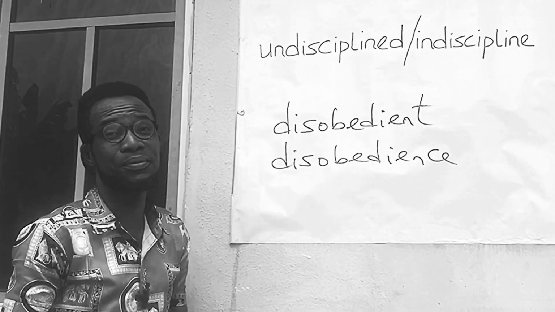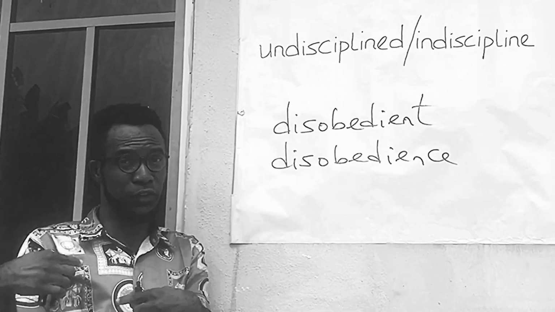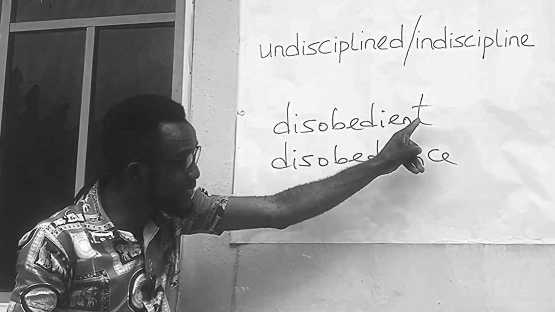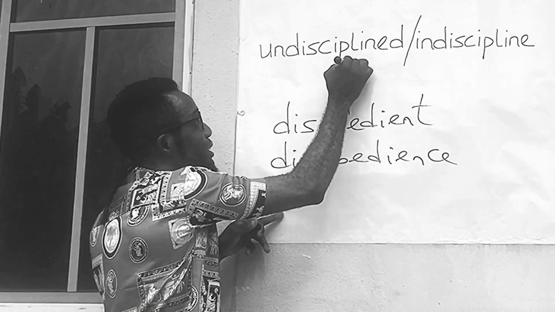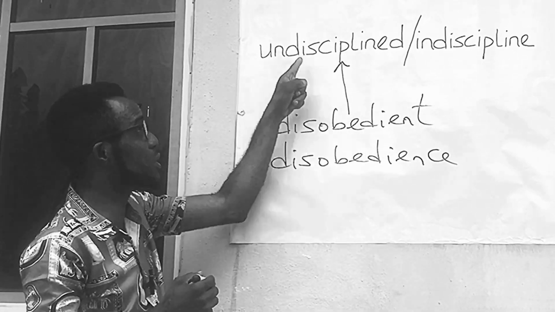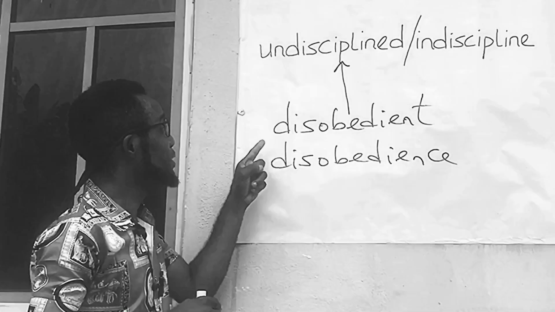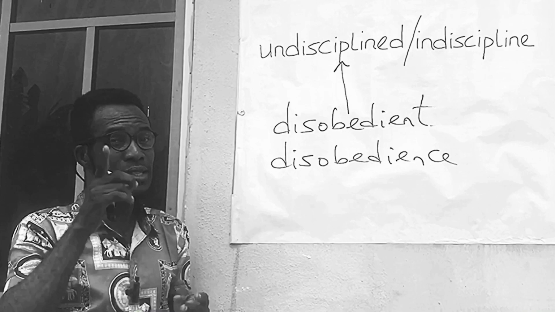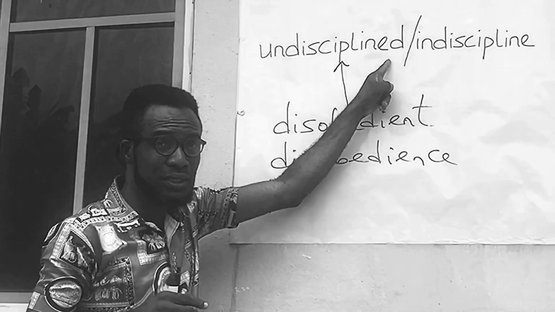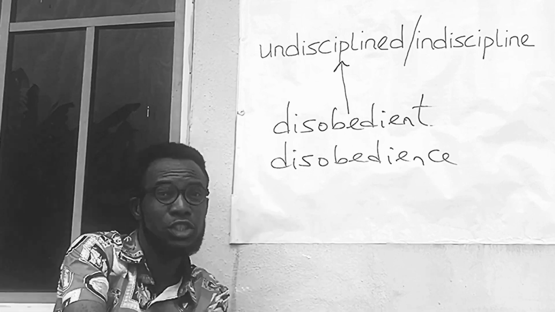So, fill the gap in the question with these two words and check which one will conveniently enter at that point. If the gap can conveniently be filled with the word disobedient, then the answer to the question is undisciplined. This is so because disobedient is an adjectival word. Same way, undisciplined is an adjectival word. So both of them match each other.